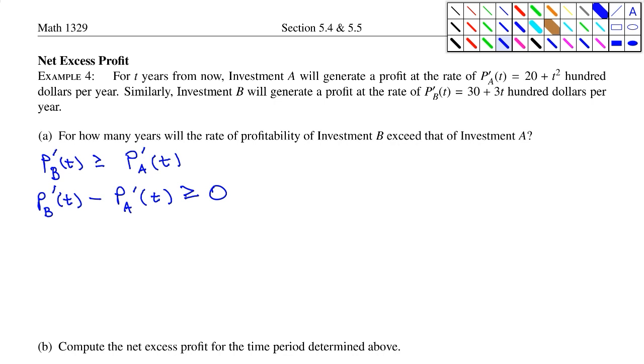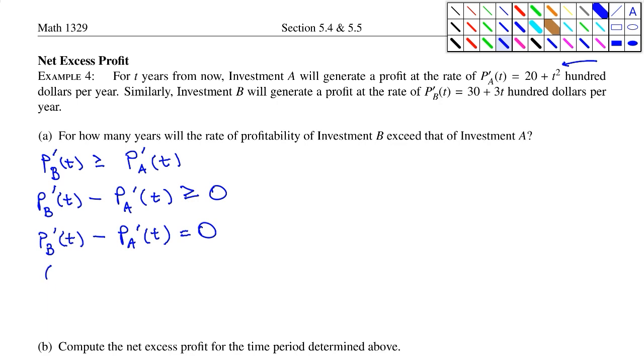We have to use the sign chart to solve this inequality because we're dealing with a quadratic in one of the functions. So the way you solve that is, first you set the expression equal to 0, and then you solve that for t.